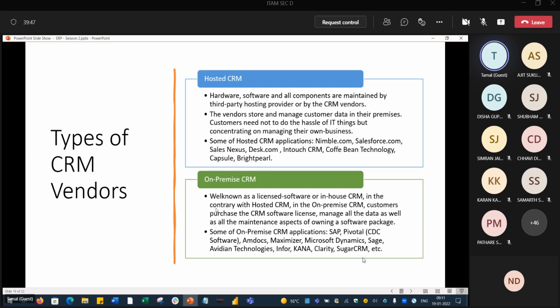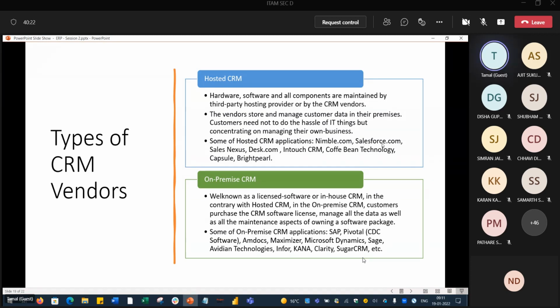Similarly, for on-premise, we have SAP, and we have Microsoft Dynamics, hugely used for medium-sized companies, medium-sized meaning 100, 200 employees. Sugar CRM is coming out very clearly. Let's see how much it will go. So these are the on-premise CRM vendors. You have to remember Salesforce.